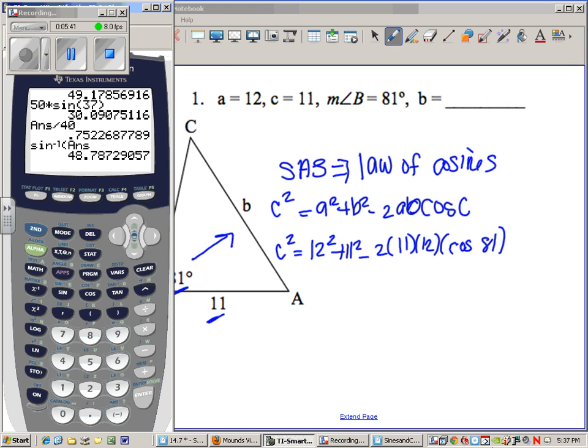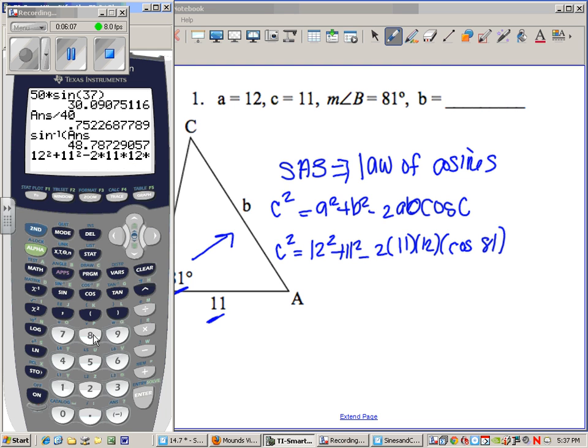And I'm going to calculate 12 squared plus 11 squared minus 2 times 11 times 12 times the cosine of 81. And that's going to give us 223.